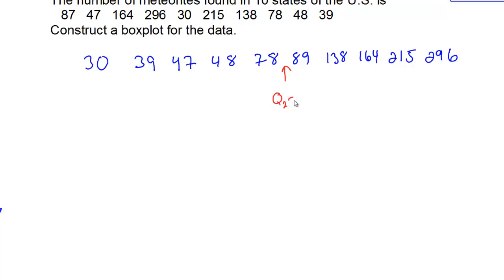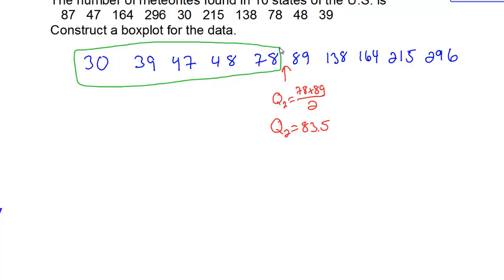So Q2 is going to be 78 plus 89, and divide that by 2. So Q2 is actually going to be 83.5. So I now have my Q2. It's halfway between my middle two numbers. Q1 is going to be the median of my lower group.